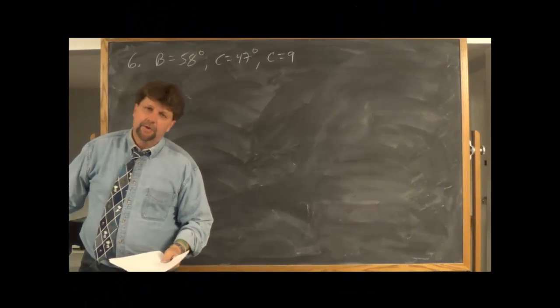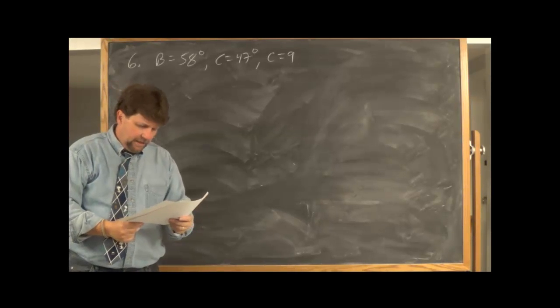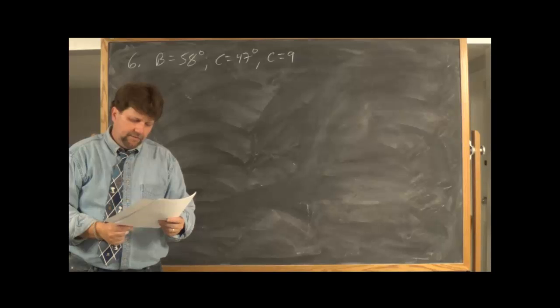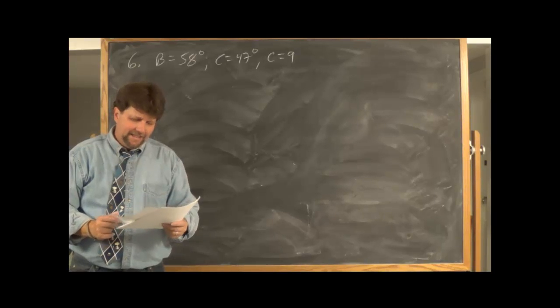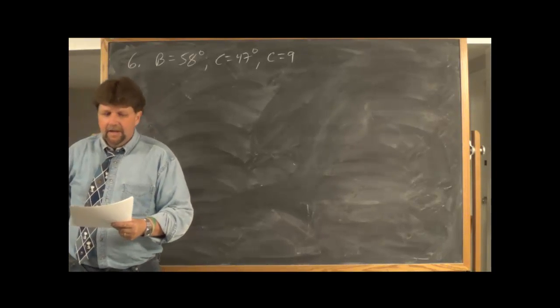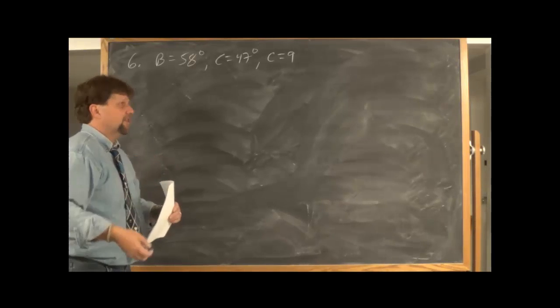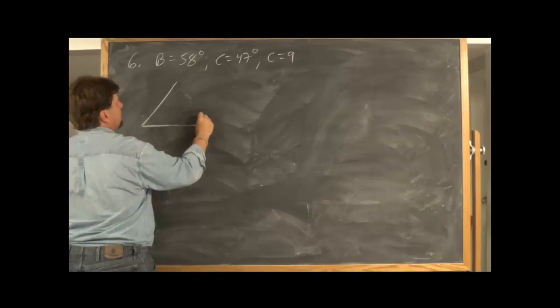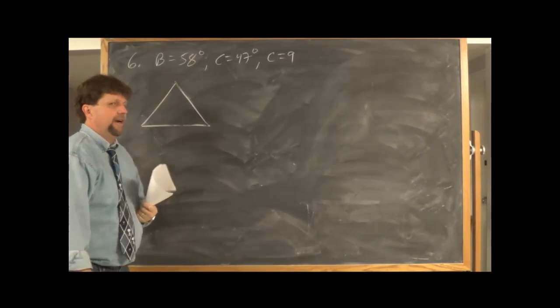Hopefully you got it. Hey folks, here in number 6, you were asked to solve a triangle. You were given angle B is 58 degrees, angle C is 47 degrees, and side C is 9. Whenever I'm asked to solve a triangle, as long as it's not a right triangle, I just draw a generic triangle.